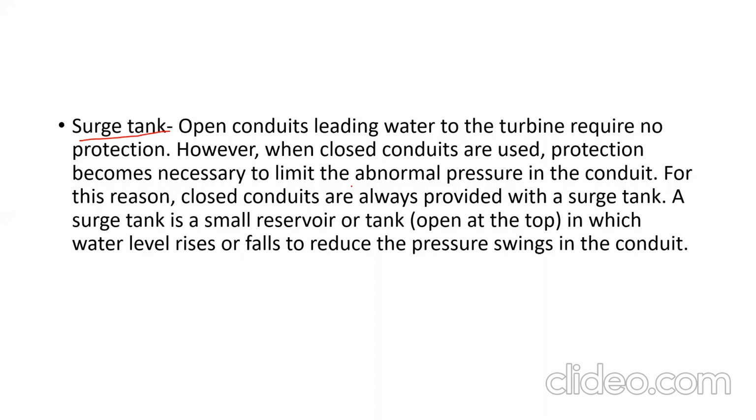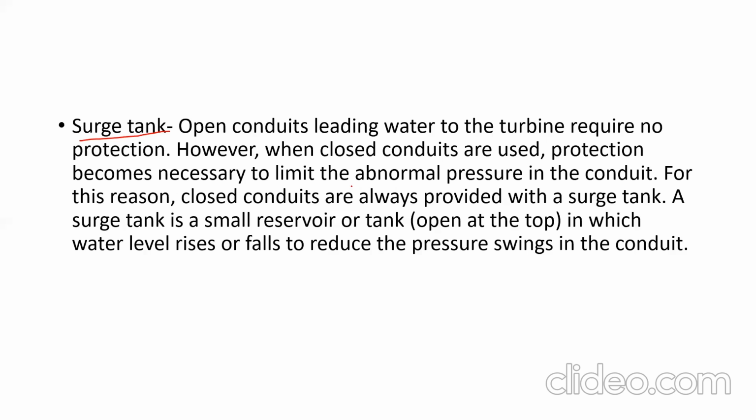In this case the turbine does what? The input water flow to the turbine is obstructed. It is stopped. Obviously, when the input water coming to the turbine is stopped, the water in the penstock, because the penstock is connected to the water turbine, means the output part is obstructed, which means water pressure in the penstock will increase.